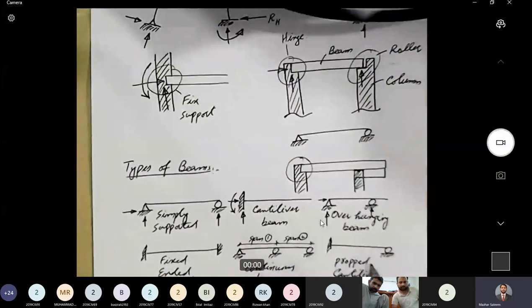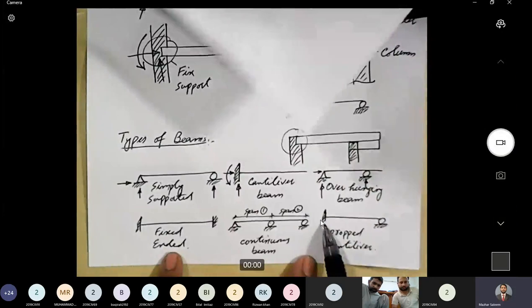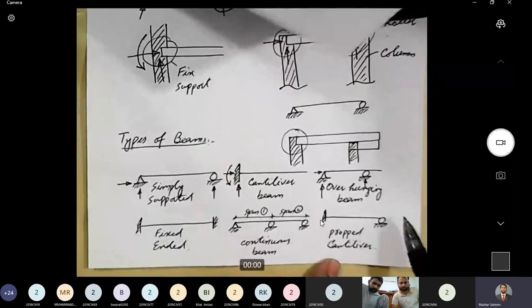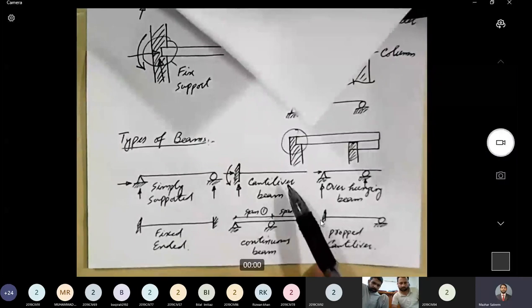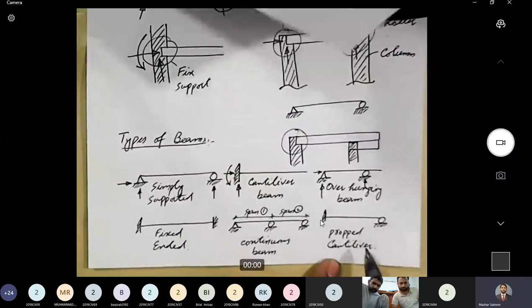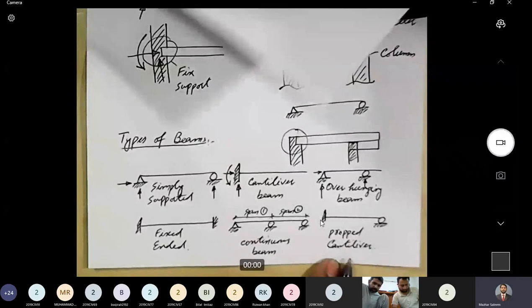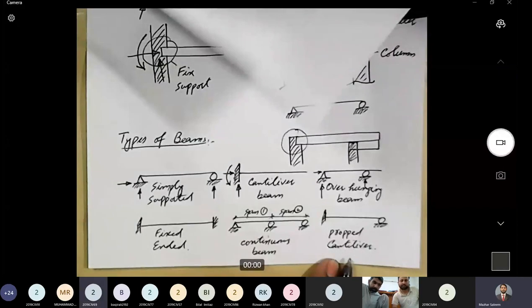Whereas in a propped cantilever beam, one end has a fixed support, whereas the other end has a roller or a hinge support. So there is a clear difference between a cantilever beam and a propped cantilever beam. Is that clear? Umar Abidi? Okay, that's great.